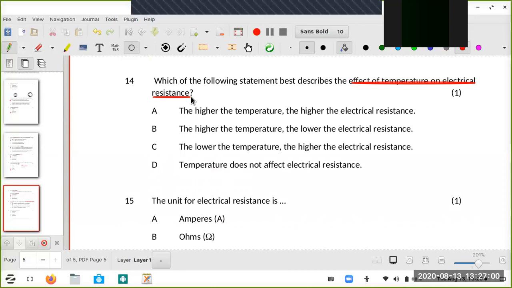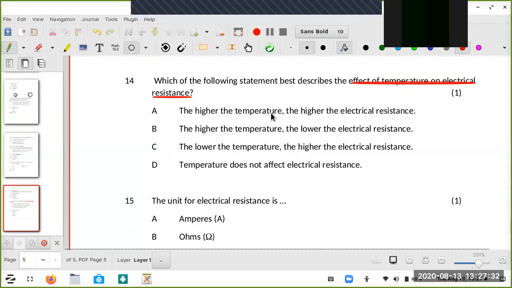So in other words, there is a high chance of collision between the charges that are moving and the particles that are vibrating, thereby causing the resistance to be very high, right? So we are just saying the higher the temperature, the higher the resistance, or the lower the temperature, the lower the resistance, right? Let's now check.